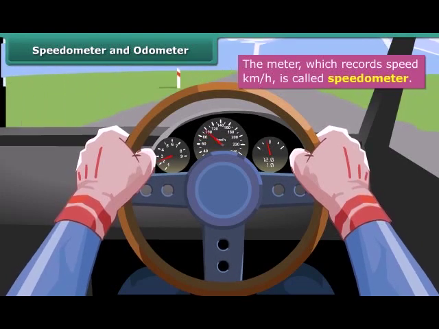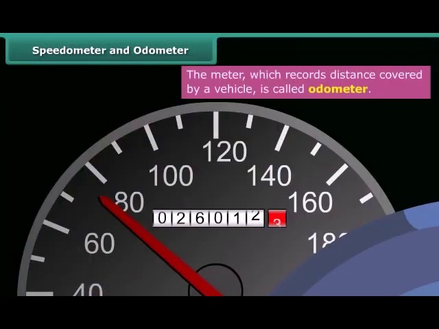This number is the speed of the car in kilometer per hour. There is also a rectangular box within a speedometer that has digits written on it. When the car is in motion, these digits undergo a change, rather increase. This rectangular box is known as the odometer. Its readings show the distance covered by the car.